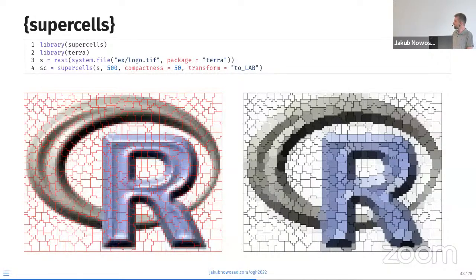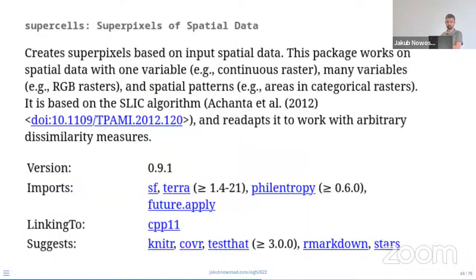So you can see that basically that's like a compression. It could be thought of as a compression algorithm, but basically it's about generalization. Because it's not only for image data, it's also for spatial time series data or spatial patterns or categorical data. So you can generalize your information.